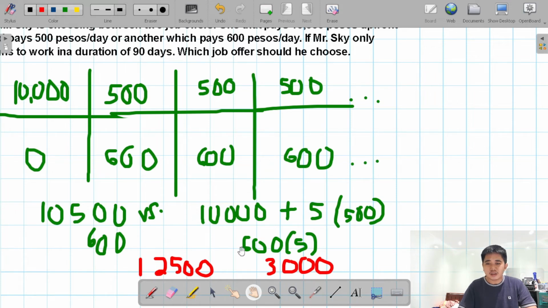So we will look now at which one among these two job offers has a higher value at 90 days. If t is equal to 90, we change the value 5 here to 90.